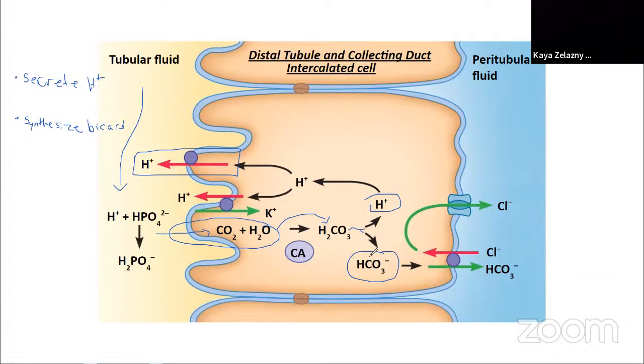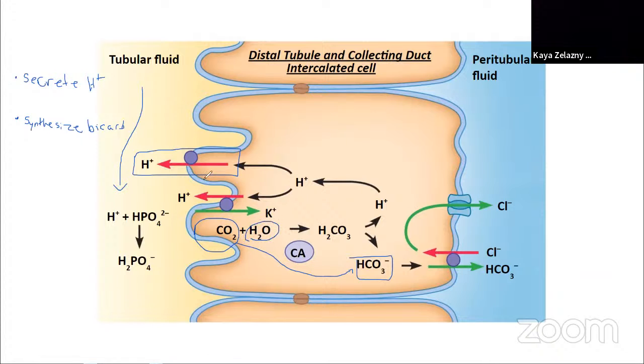So when we say we're synthesizing bicarbonate, what we're emphasizing here is that this bicarbonate originated as CO2, and now we've turned it into bicarbonate. It started as CO2 and water, and that's where we need it from.